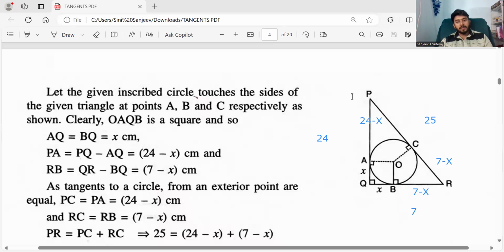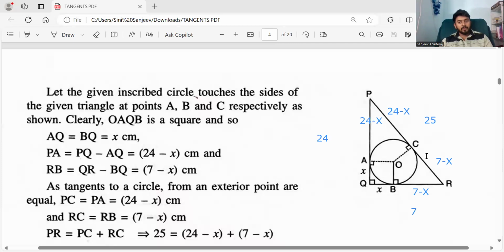So what is my PR? PR is nothing but PC plus RC. So what is my PC? Since PA is 24 minus X, this is also 24 minus X. So I hope up to this everyone is clear. So you can stop the video and draw it and note it down.